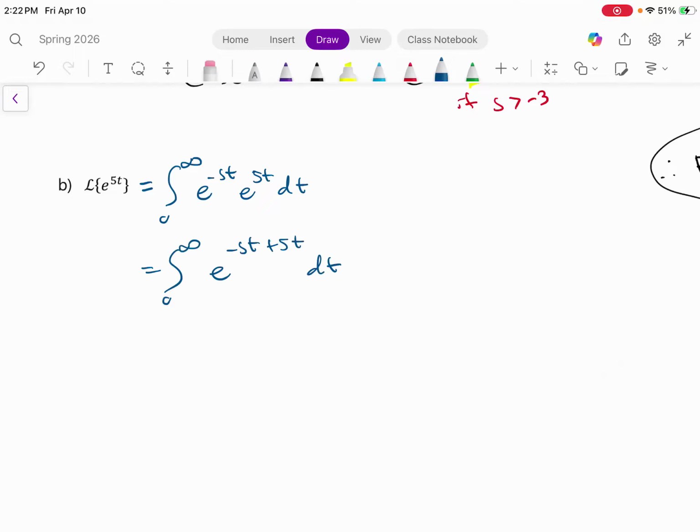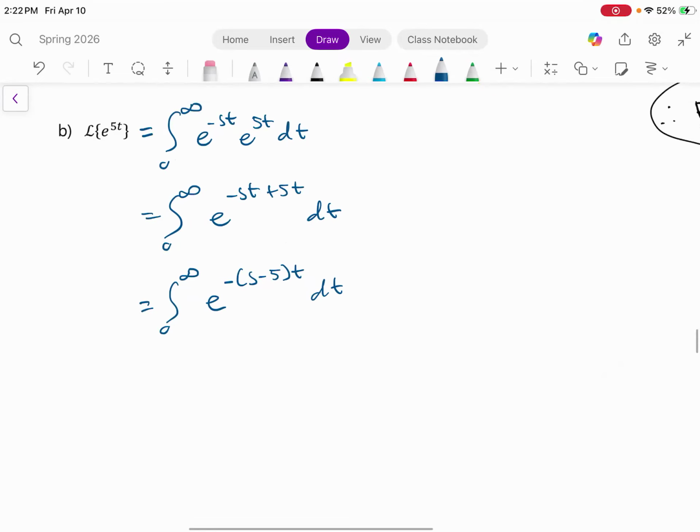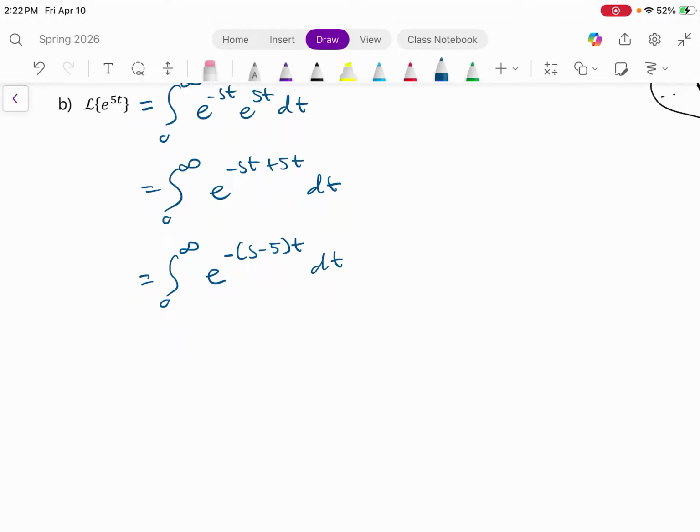And I want a positive s when I factor. So what this would look like is 0 to infinity, e to the negative s minus 5t dt. And then same idea, this would be a mental u sub.